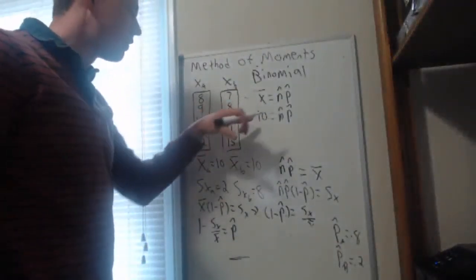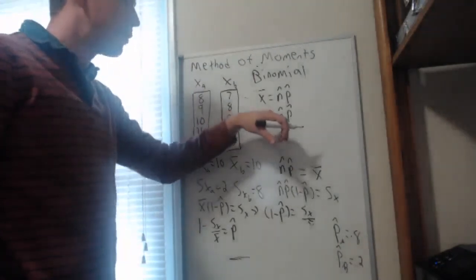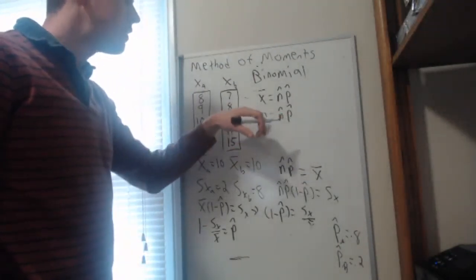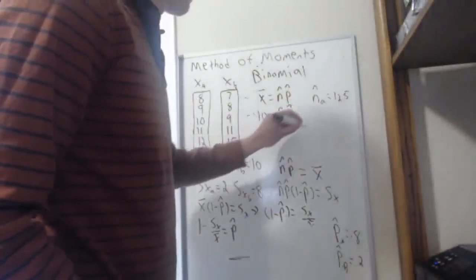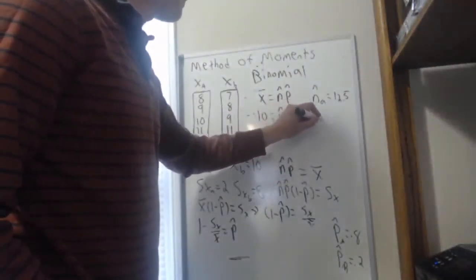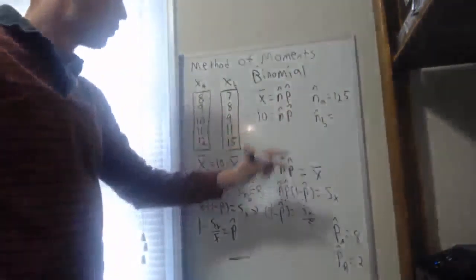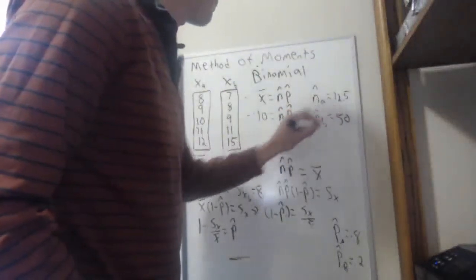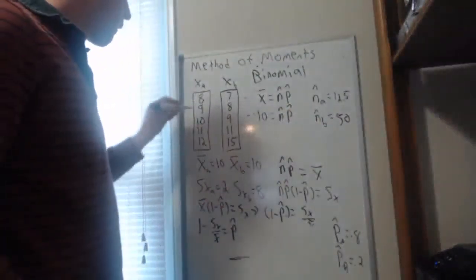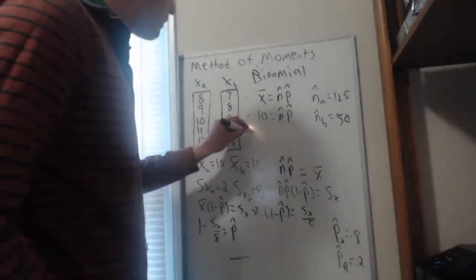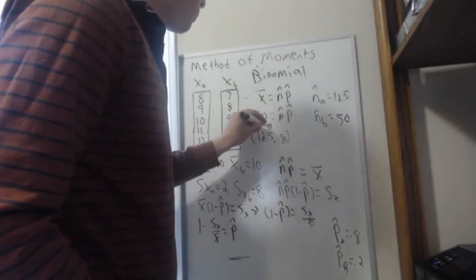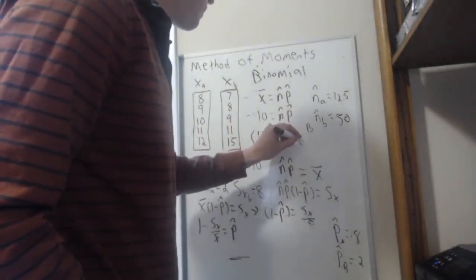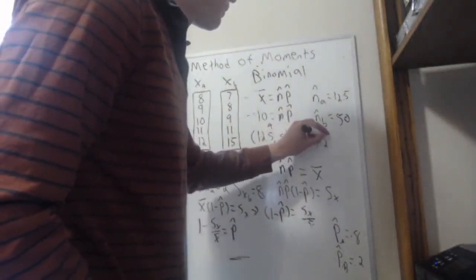For sample A, the mean is 10, the probability hat is 0.8, and 10 divided by 0.8 is 12.5. For sample B, 10 divided by 0.2 is 50. So for sample A, our estimate is 12.5 and 0.8, and for sample B, our estimate is 50 and 0.2.